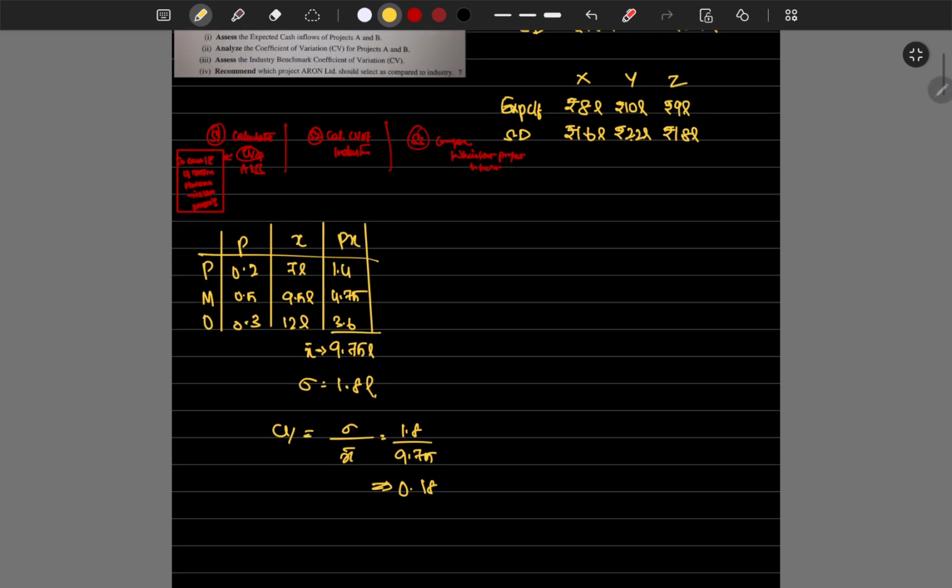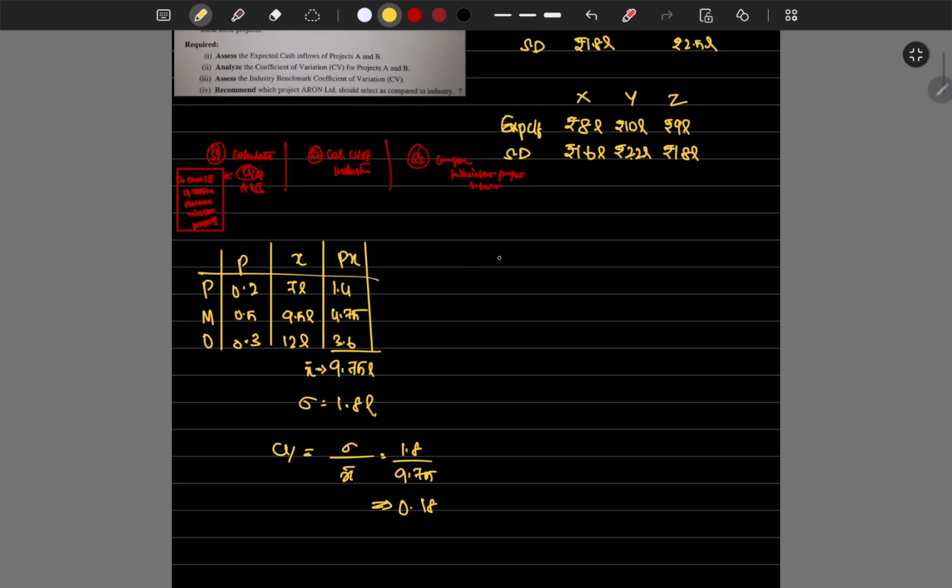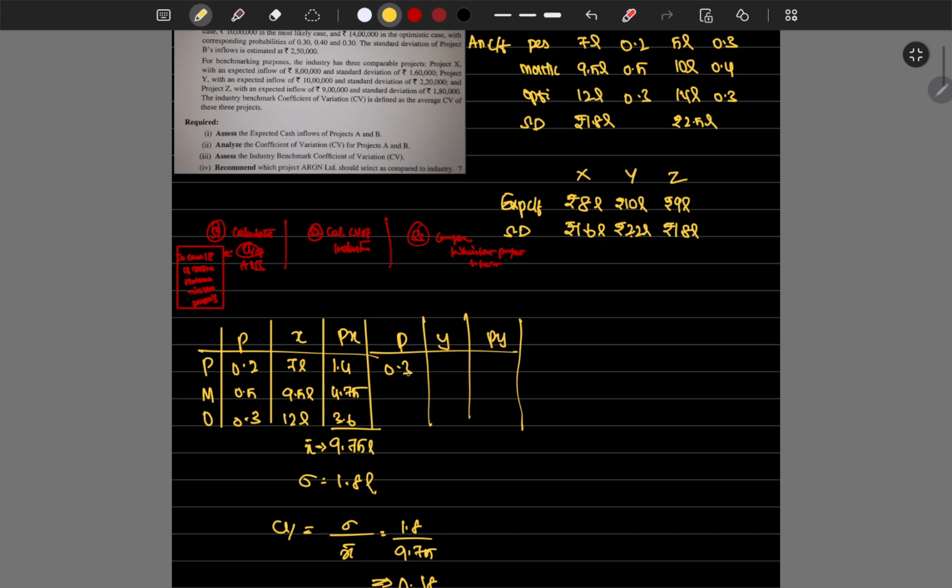Now we'll calculate the coefficient of variation for Y. Same as before, the probabilities are 0.3, 0.4, 0.3, and Y is 5 lakh, 10 lakh, 14 lakh. 0.3 into 5 is 1.5, 0.4 into 10 is 4, 0.3 into 14 is 4.2.